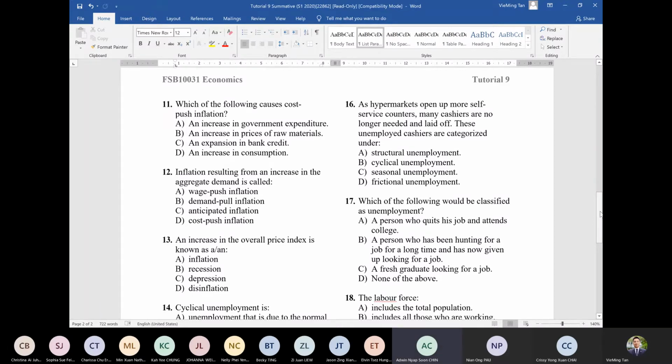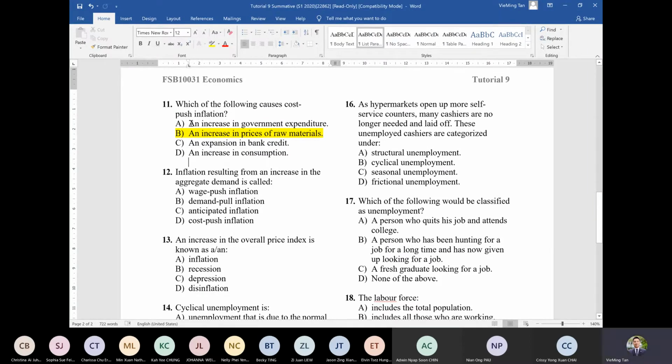B, an increase in price of raw materials. Correct. B answer, Brazil. Cost push means due to the production cost increasing. Cost push inflation happens when the production cost is increasing. So in this case, the answer will be B, Brazil.